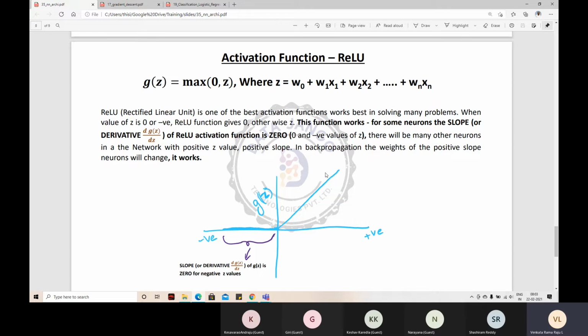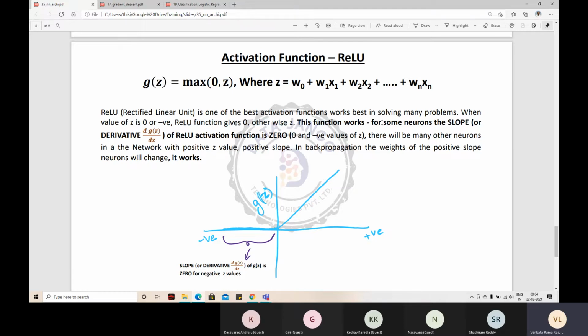The function's outcome is going to be like this. The rectified linear unit, as we call it, is one of the best activation functions, and works best in solving many problems. When the value of z is 0 or negative, ReLU actually gives 0, otherwise z.